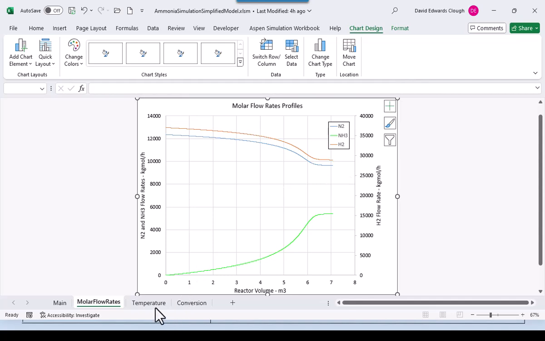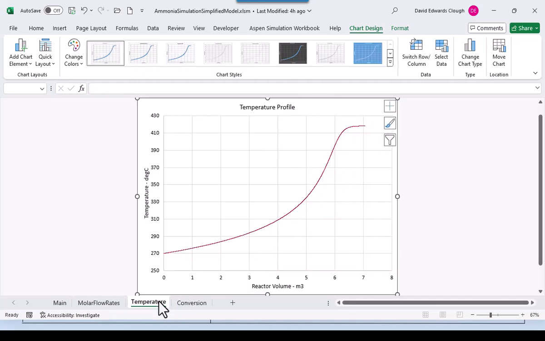So, and then we can look at the temperature profile in the reactor, and it looks like this. And it starts at 270 Celsius and goes up to somewhere around 420 or a little bit below 420. And you can see how it sort of shuts down.